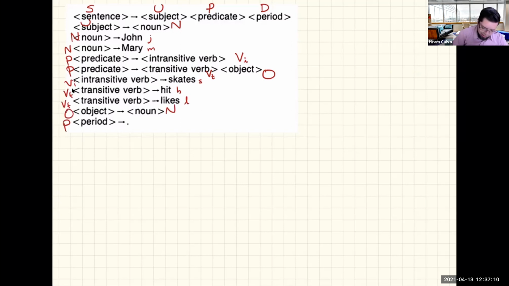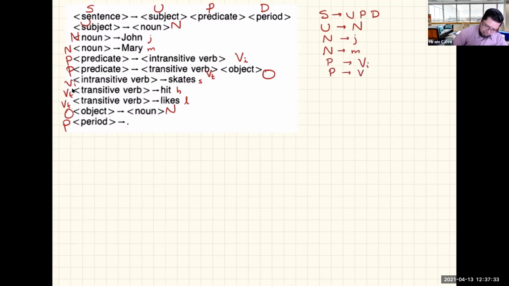So why do I do this? You will see. I will rewrite this grammar using these new symbols. S goes to U P D. U can be written as N. N is John. Noun is Mary. Predicate is an intransitive verb.